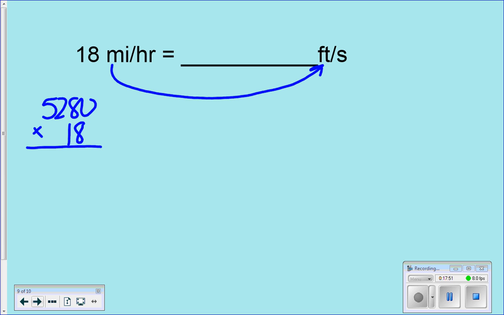You don't have to do it that way. Let's make sure: 5,280 times 18.